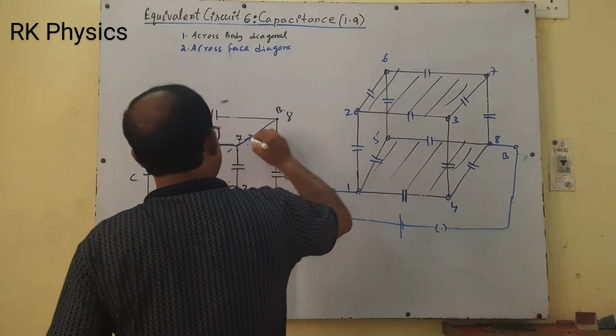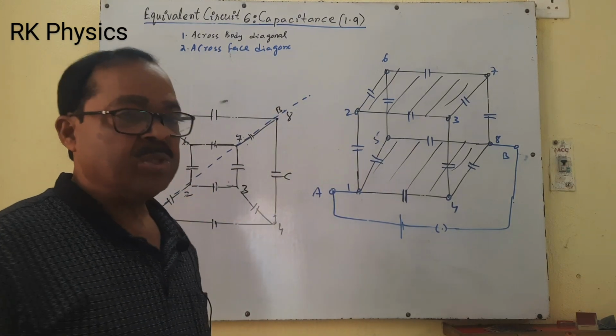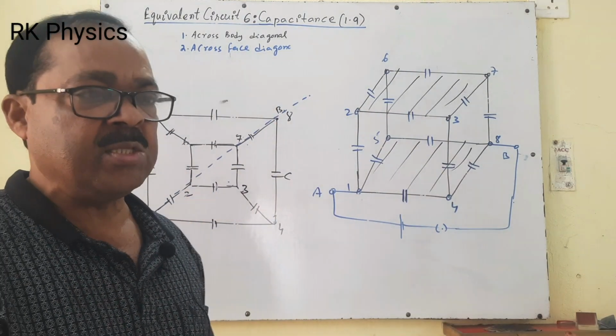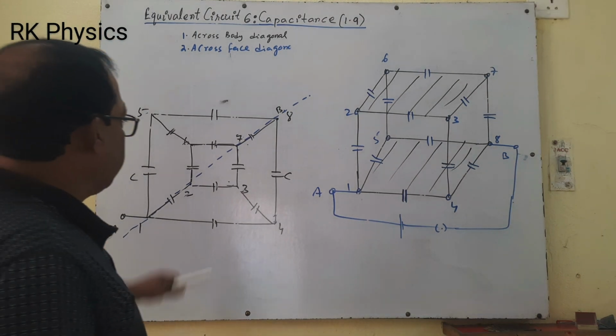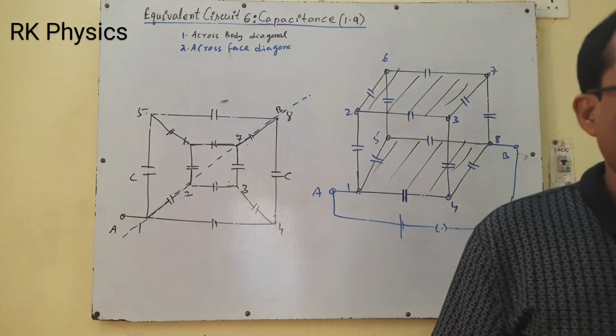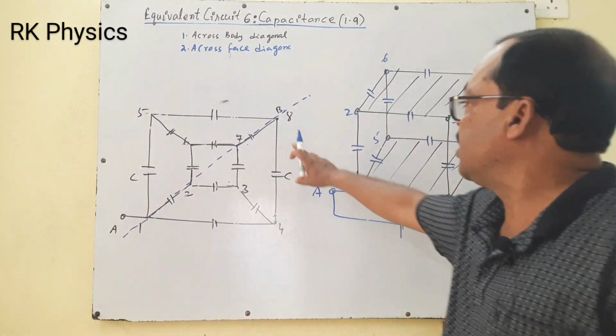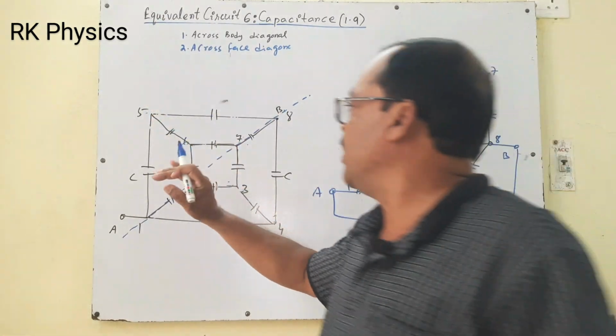Our aim is to calculate equivalent capacitance along this diagonal. If you want to calculate it along this diagonal, then perpendicular to this line is called the symmetrical line. This is a line of symmetry, and perpendicular to that line, potential remains the same.